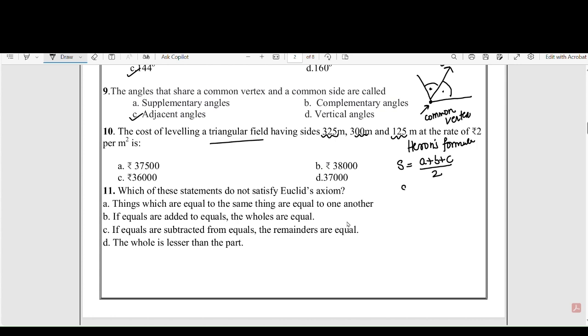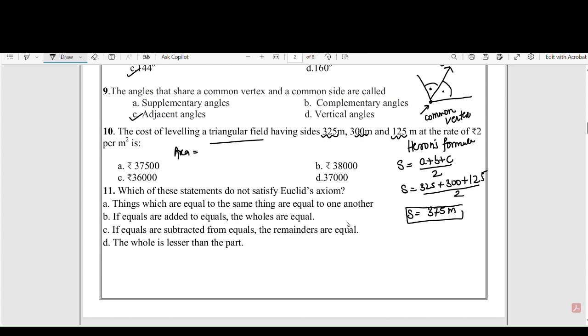If you add all three, 325 plus 300 plus 125 divided by 2, this will be 375 meter.